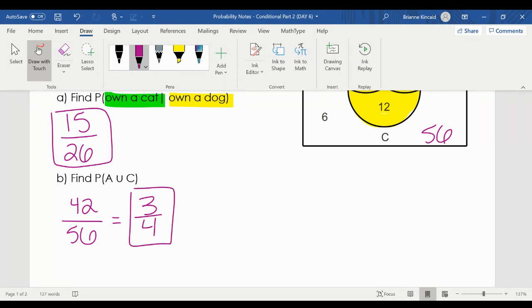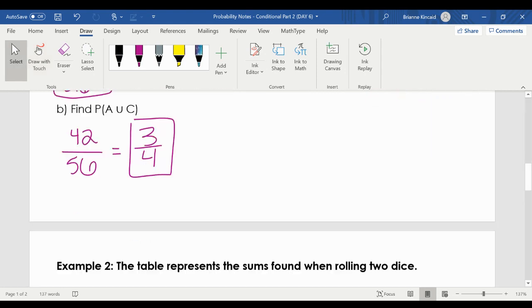So remember, unless you have a condition, you want to do the total here. There's nothing that tells me I have a condition, so I have to use the total 56 people that were surveyed.